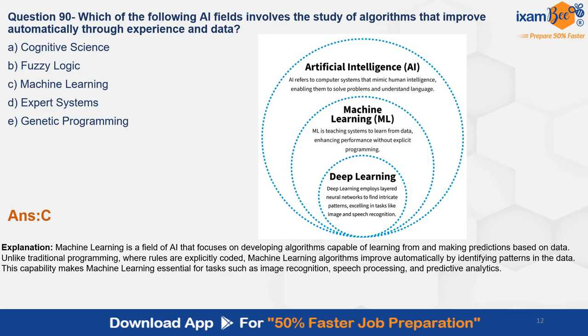We can see examples like recommendation systems, such as those used by e-commerce platforms, which analyze user behavior to suggest relevant products. This specific capability is very crucial in fields like predictive analytics and image recognition.